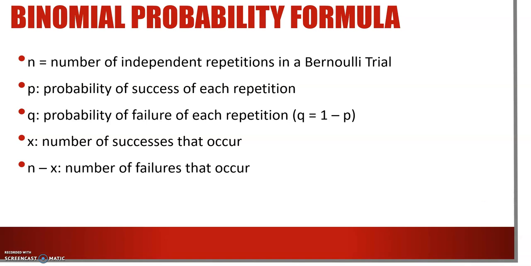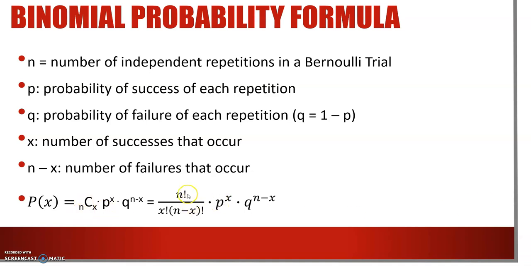N minus X is the number of failures that occur. P of X equals N choose X times P to the X times Q to the N minus X. Writing out that combination formula, it's N factorial divided by X factorial times N minus X factorial, times P to the X times Q to the N minus X.